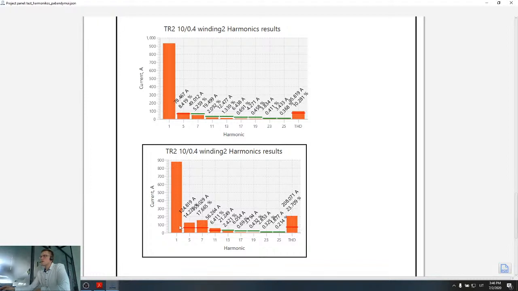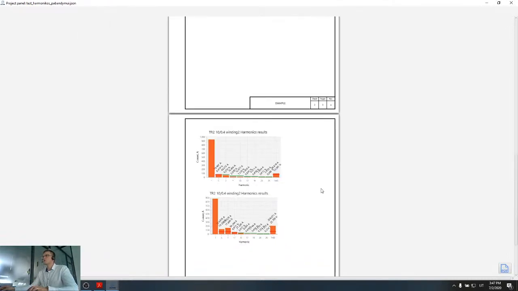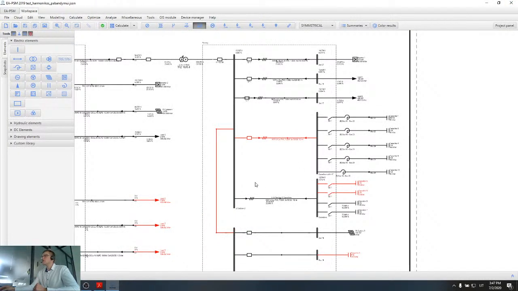The harmonics that increased the most were the 7th harmonic, also the 5th harmonic, and the 11th harmonic increased by more than 2 times. So this is the resonance, and we have resonance especially for the 7th harmonic. This is not good, and we have to take actions to reduce those harmonics in the electrical network.